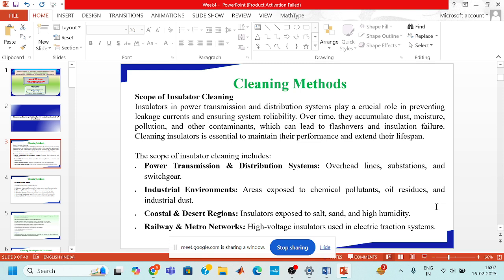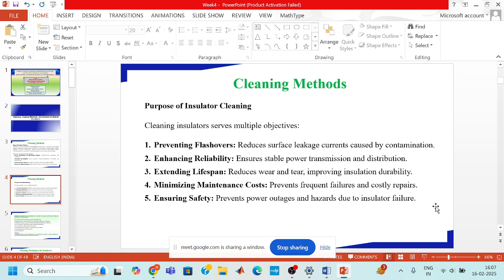In coastal and desert regions, as we know, insulators are exposed to salt contamination, sand, and high humidity. And in railway and metro networks, high voltage insulators used in electric traction systems also need cleaning methods. Okay, so why are we applying cleaning methods?